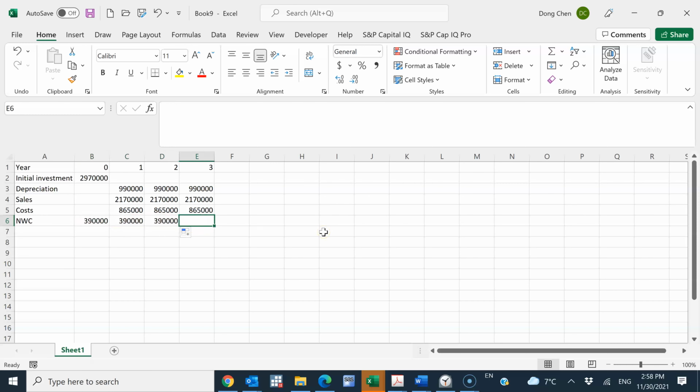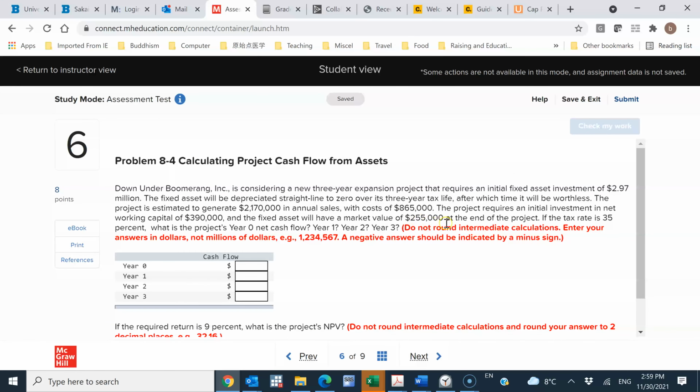Typically, by the end of the project, all the net working capital will be liquidated. Hence, the final level of net working capital should be 0. That's the default assumption if the problem doesn't mention anything about it.